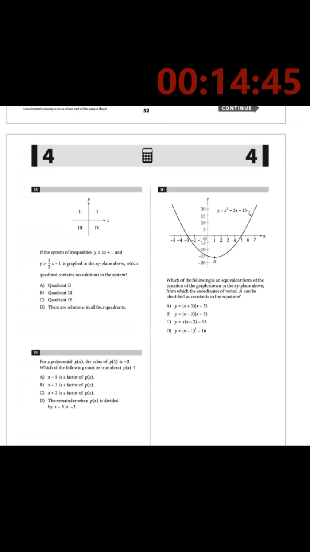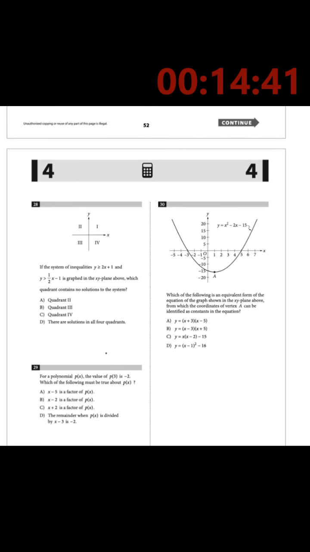Okay, so if we want to solve this, we could do a rough sketch of the inequalities. For y is greater than 2x plus 1, that would look like around here.